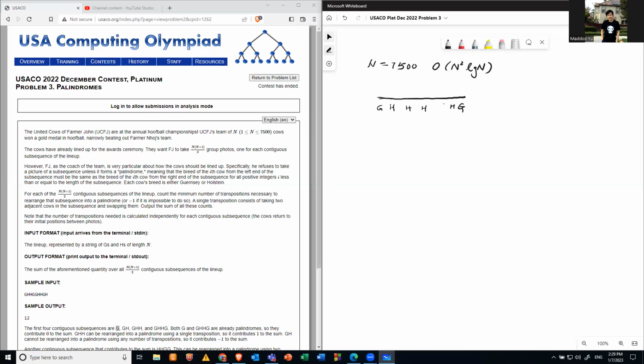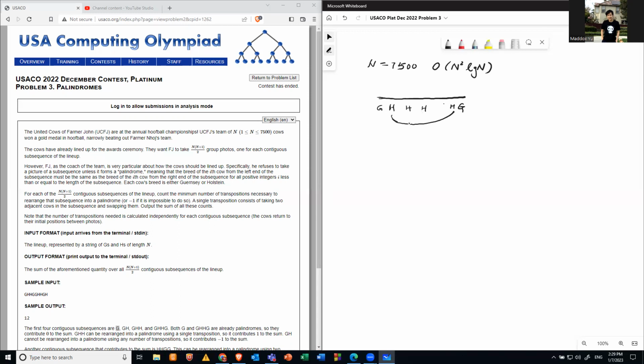We are talking about minimum movement, and we're talking about palindrome, right? This means, let's look at the H, the one closest to the left side should match up to the one closest to the right side, right?